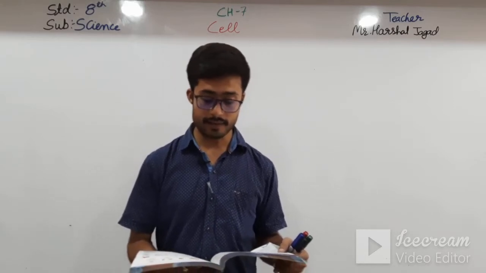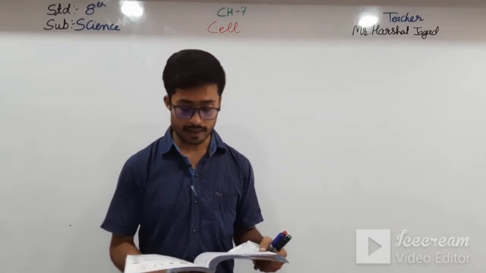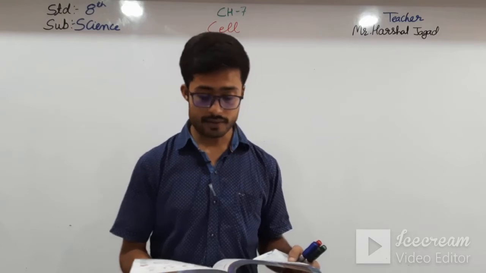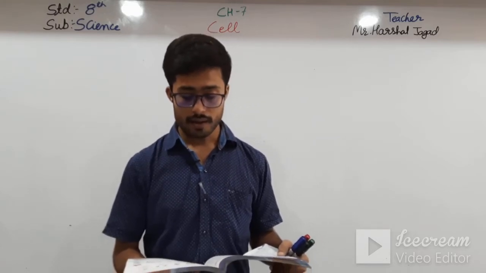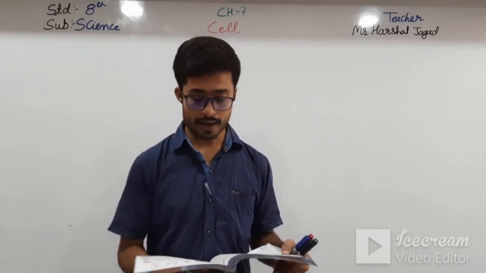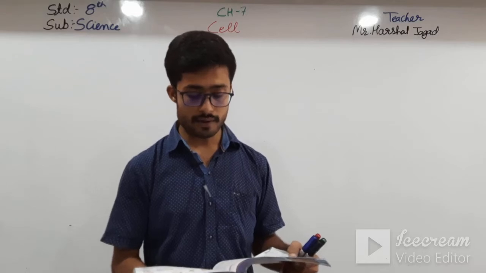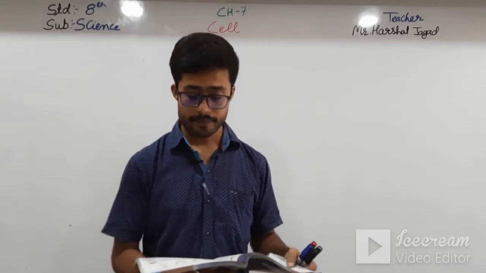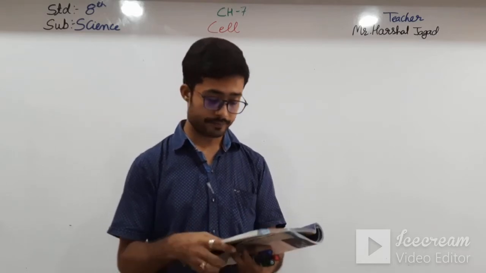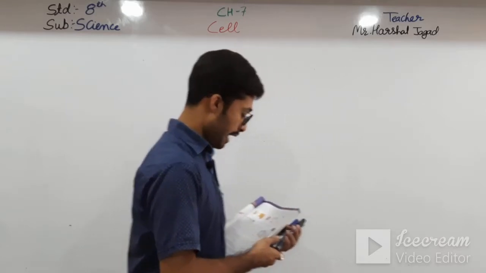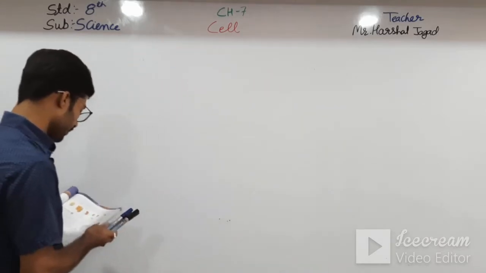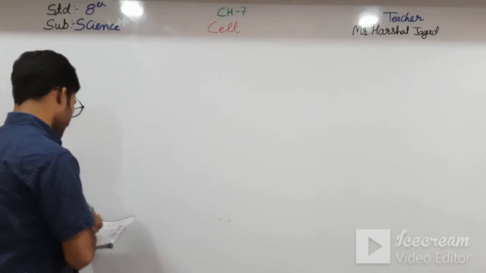Cells exist in different shapes. Cells can be disc shaped, polygonal, rectangular, branched or irregular in shape. Now I am drawing a nerve cell, which is in the form of branched.